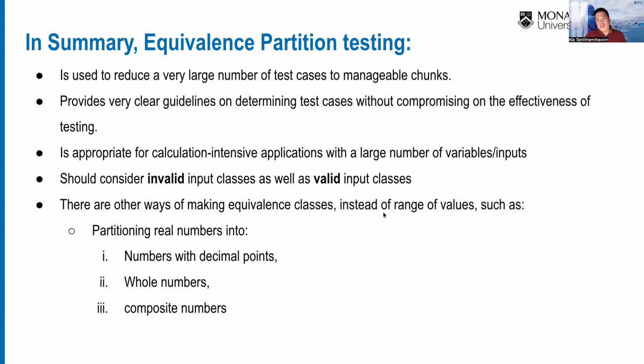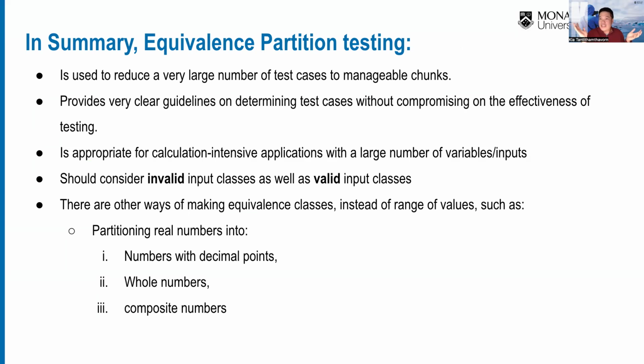In summary, equivalence partition testing can be used to reduce a very large number of test cases into manageable chunks. You create a partition. Like with the leap year, that's really complex. When you write the pseudocode, you may see that there are potentially four classes, and that's why you need only four test cases.